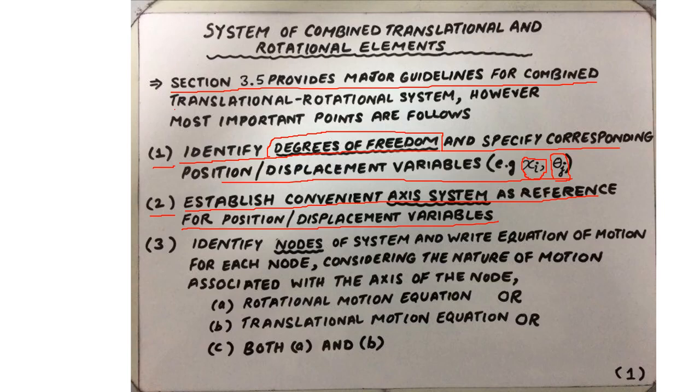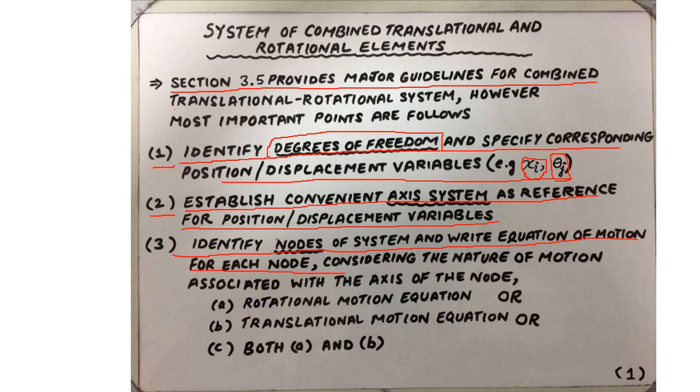After the definition of the position or displacement variables and the establishment of the convenient axis, we proceed to the identification of the nodes of the system so that we can write down their corresponding equations of motion.